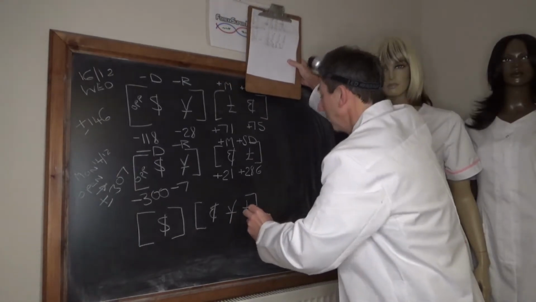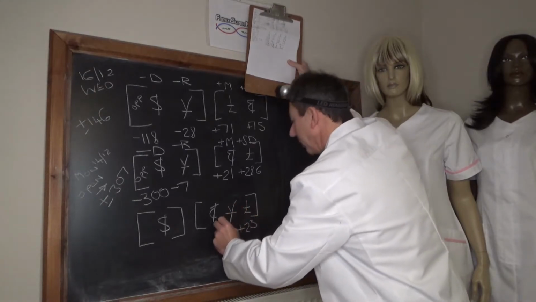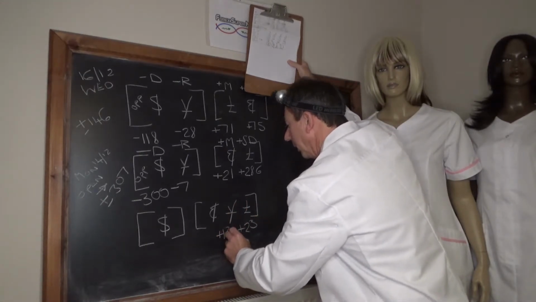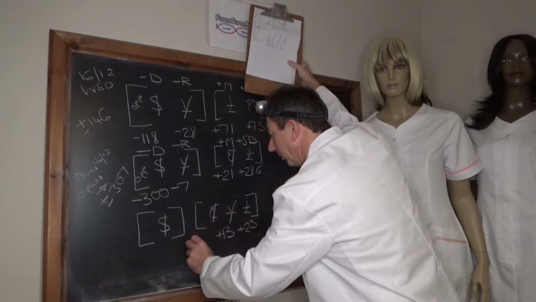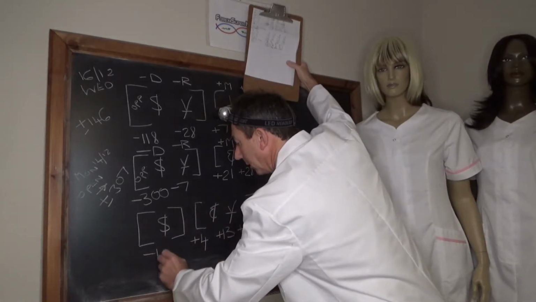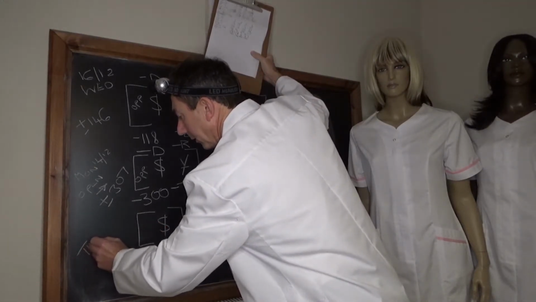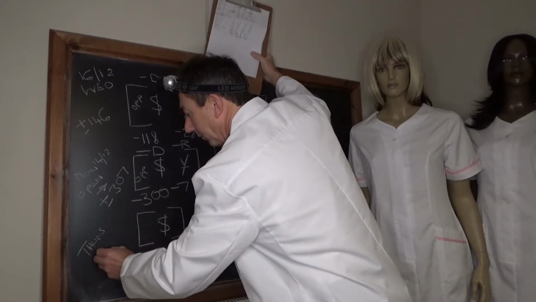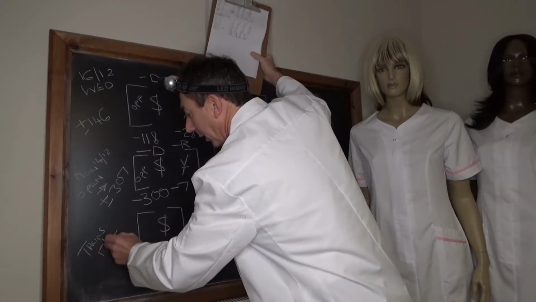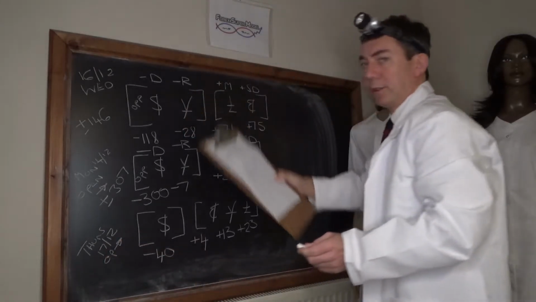Figures then, plus 23 on the pound, yen plus 13, euro plus 4, and the dollar is minus 40, and that's today, which is Thursday 17th of the 12th, open to about 20 minutes ago.